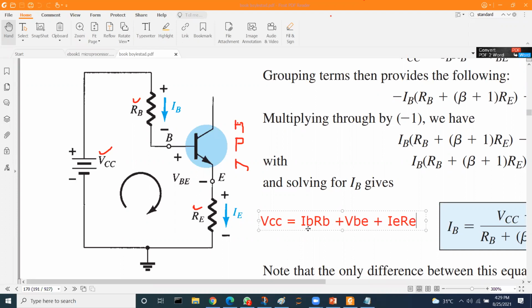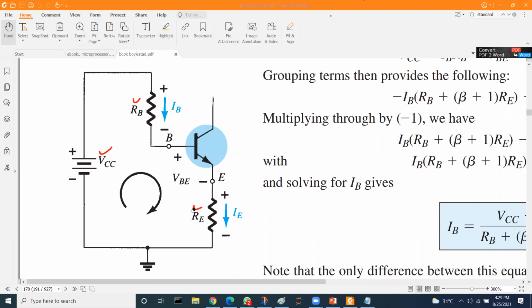So this way, the division of this input voltage occurs in the input side loop. Okay. From here we can find the formula for IB, which is written on the right side in the book.